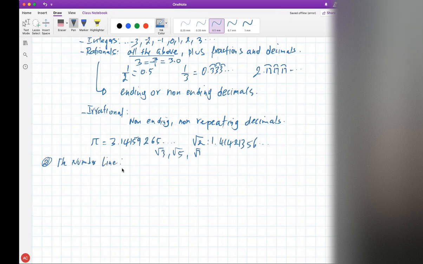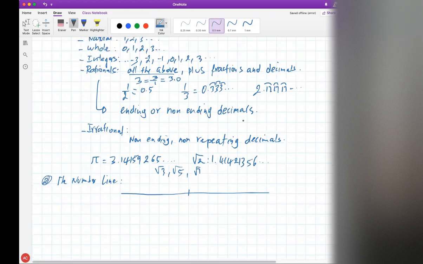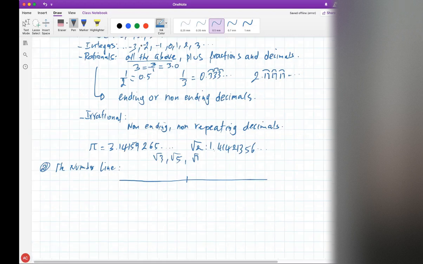So the number line is basically a straight line like this, straight vertical line or horizontal line. And on that line, we basically put some integers. Actually, not just the integers, but at first we just put some integers like these.